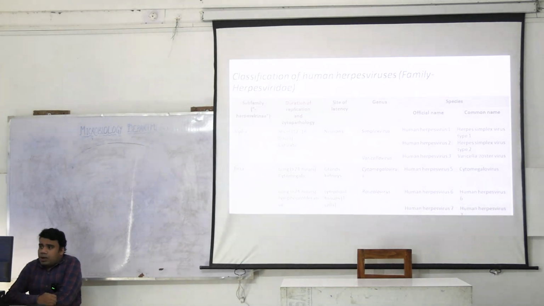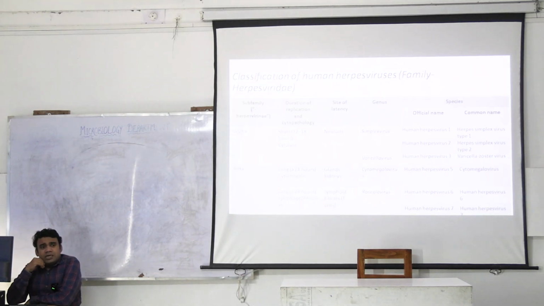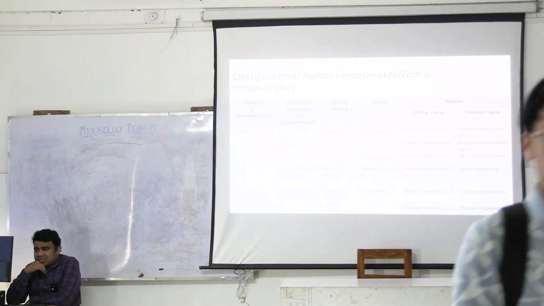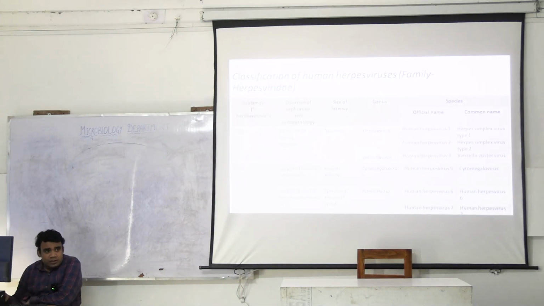This kind of infection is called latent infection. Now, among the herpesviridae, we have three groups of viruses: the alpha, beta, and gamma. In the alpha subfamily, we have human herpes virus 1, 2, and 3, obviously commonly known as HSV 1, 2, and varicella zoster virus. In the beta subfamily, we have three viruses: human herpes virus 5, also called cytomegalovirus, and human herpes virus 6 and 7, which are called roseola virus.